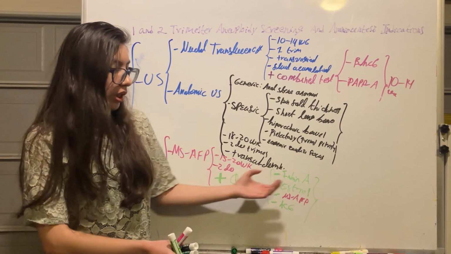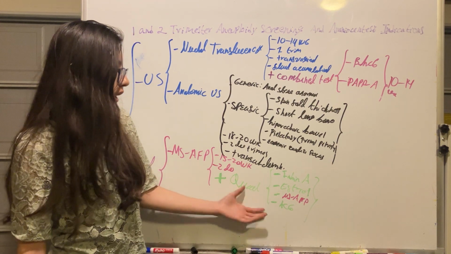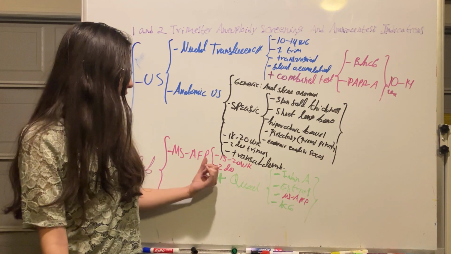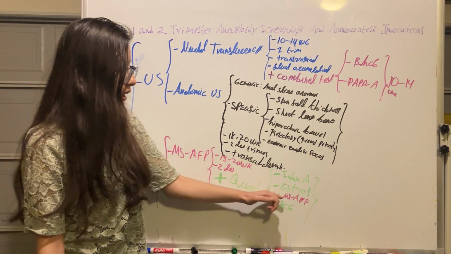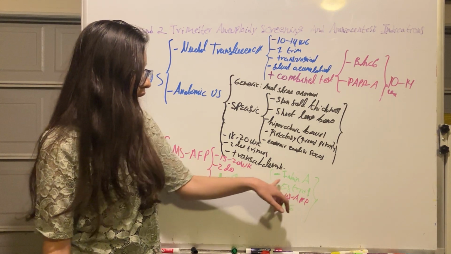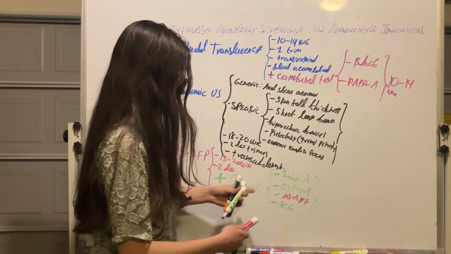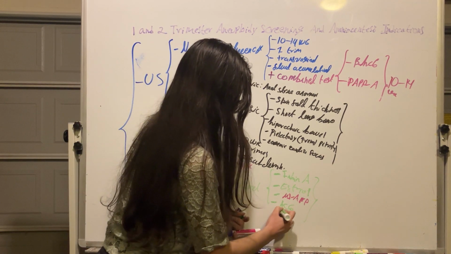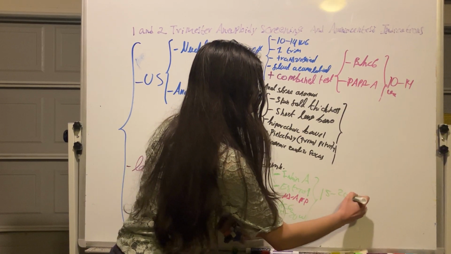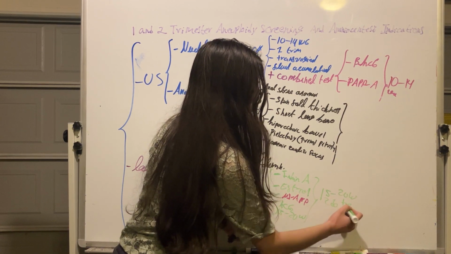But to have a better specificity, sensitivity of the screen, we do what is called the quadruple test, which is not only maternal serum alpha fetoprotein, but also human chorionic gonadotropin, estriol, and inhibin A. This is also done between 15 to 20 week gestation. So during the second trimester.